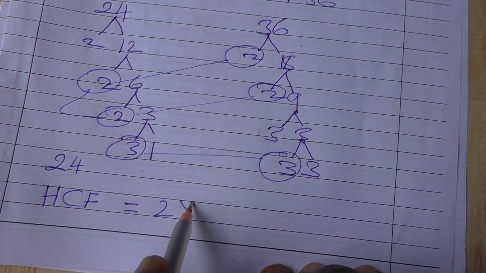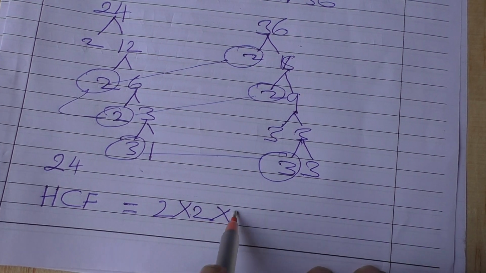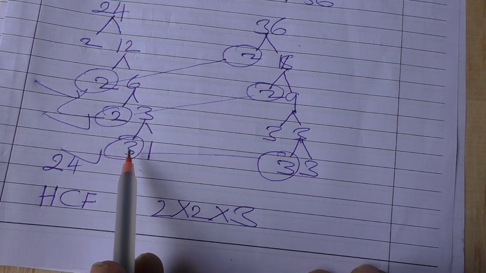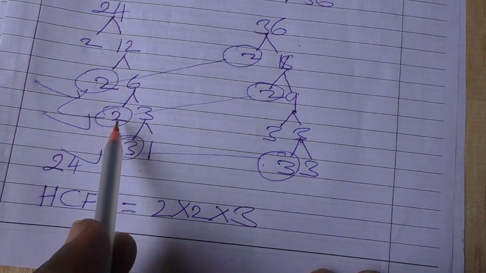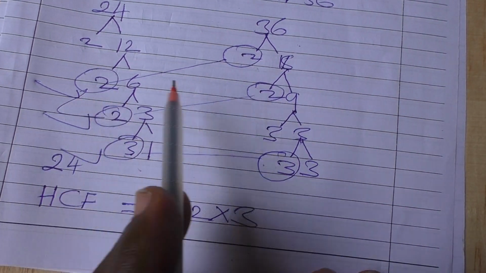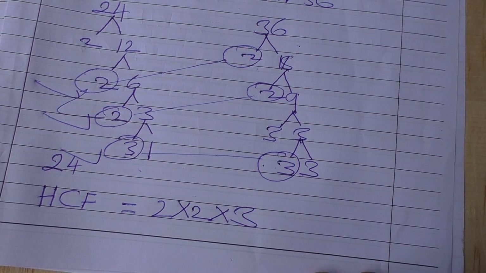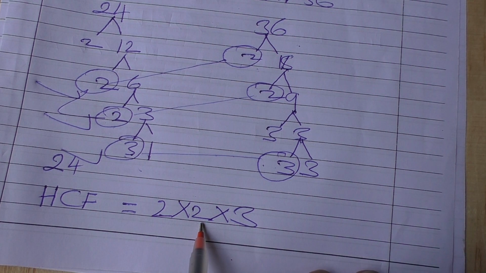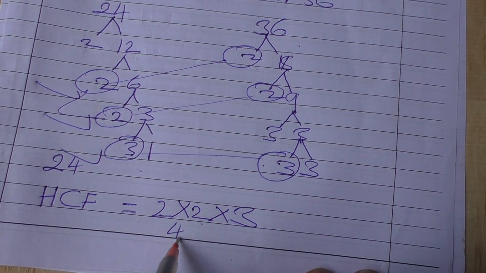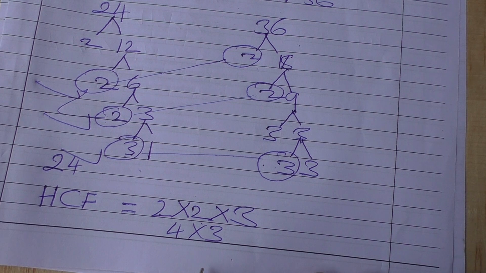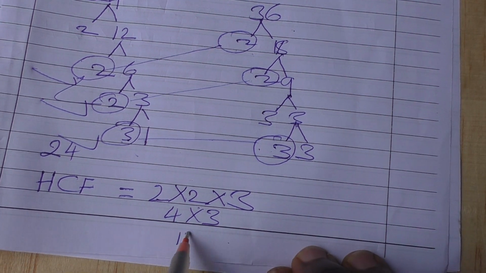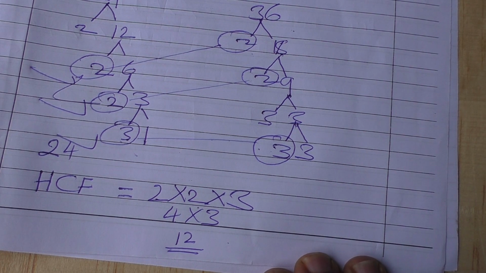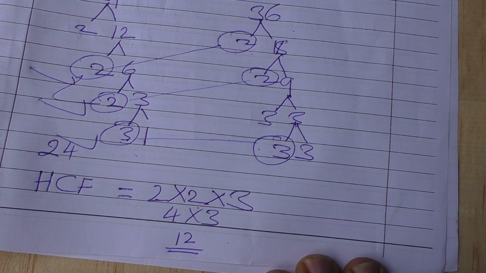Now it will be 2 times 2 times 3, because they have the same factors. So we pair the factors and then we multiply the paired factors, so that we shall have 4 times 3, which gives us 12. So 12 will be the HCF of 24 and 36.